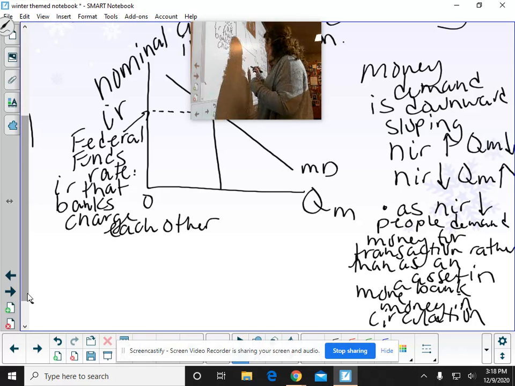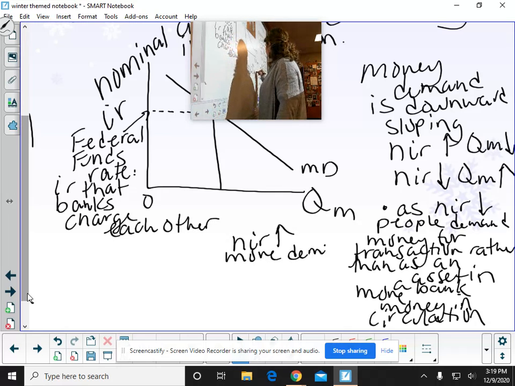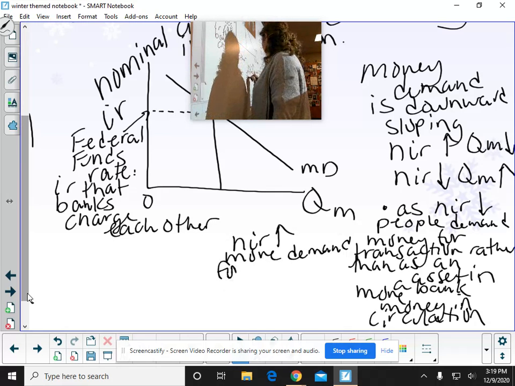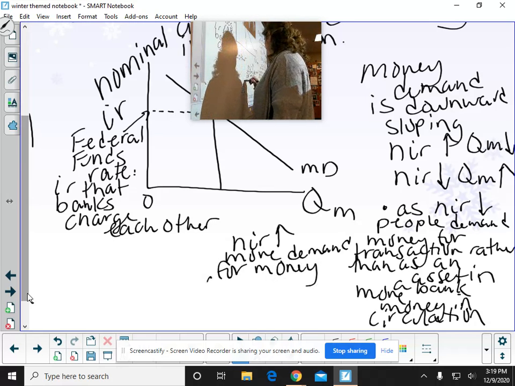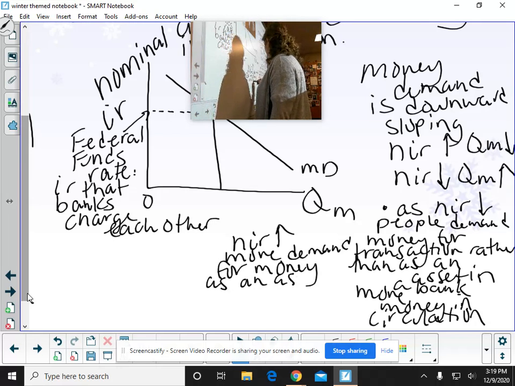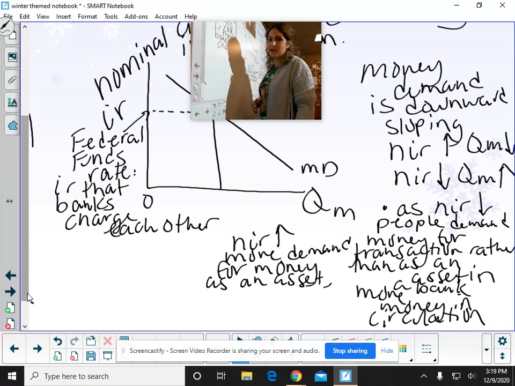But as soon as interest rates go up, let's say the nominal interest rate increases, now there's more demand for money as an asset. There's more asset demand. And there's less demand for money for transactions because I'd rather keep my money in a bank if interest rates are high. So I'm not going to keep my money for transactions.